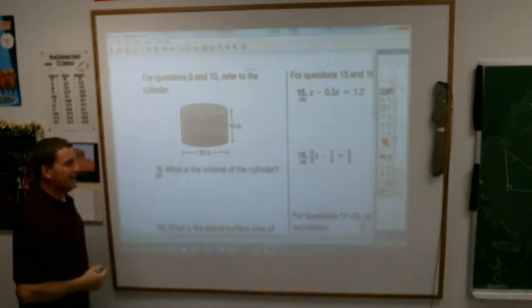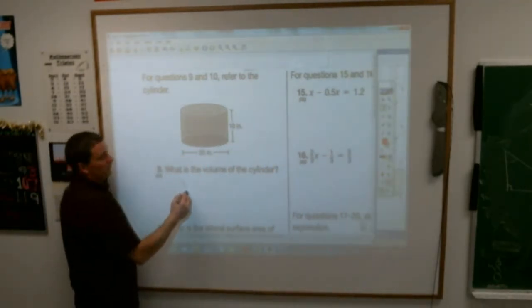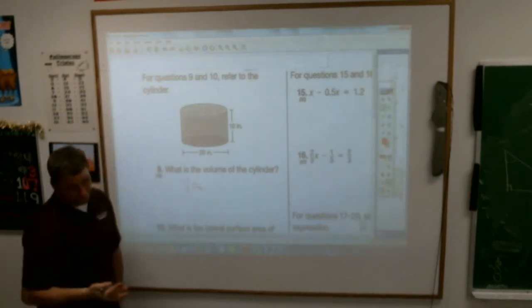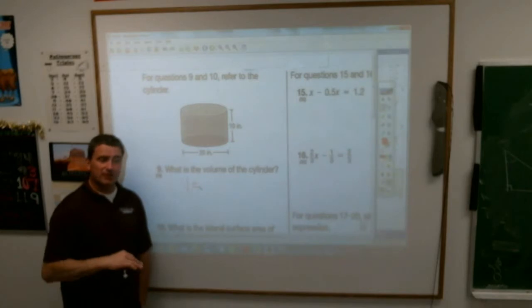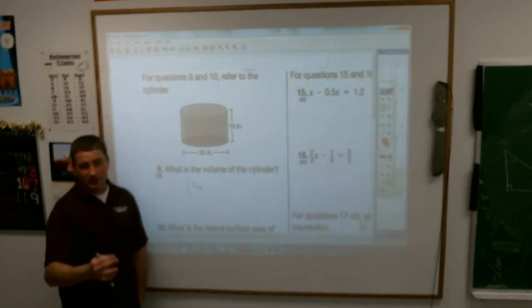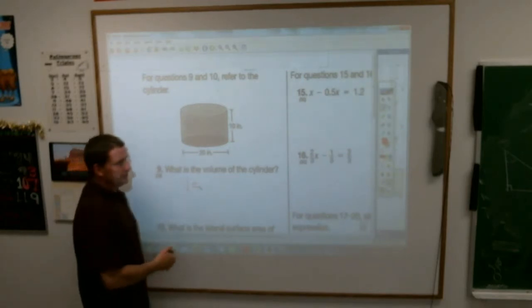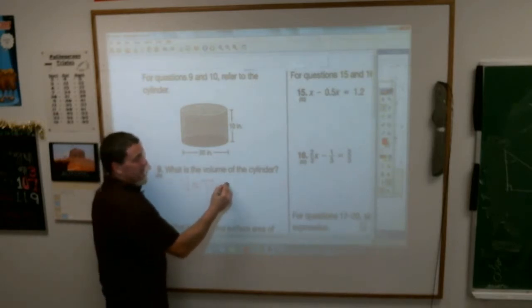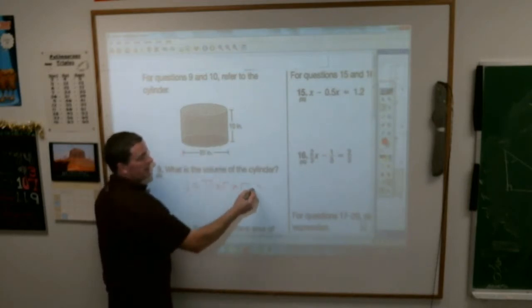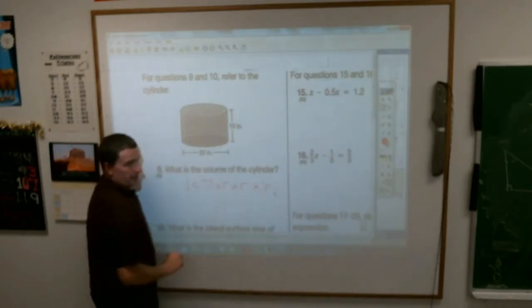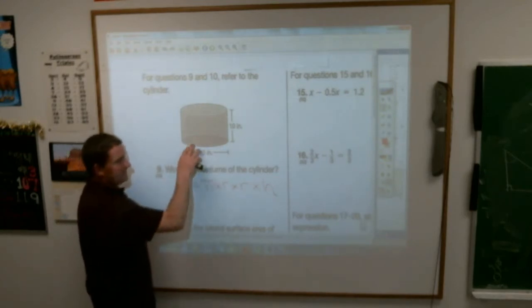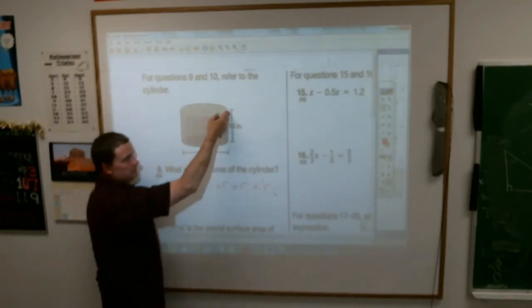And for problem number 9, please have the formula for the volume of a cylinder. I think I told you that you can always use area of base times height. For a cylinder, I'd actually memorize it. The base is a circle, so it's the area of a circle, pi times radius squared, times the height. And again, height has to be perpendicular to the base.